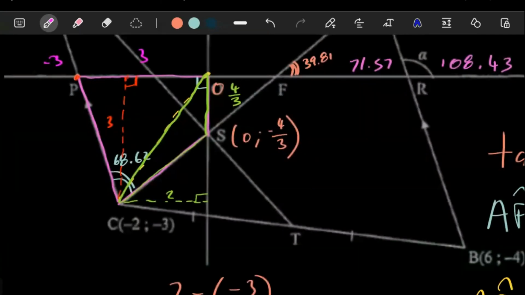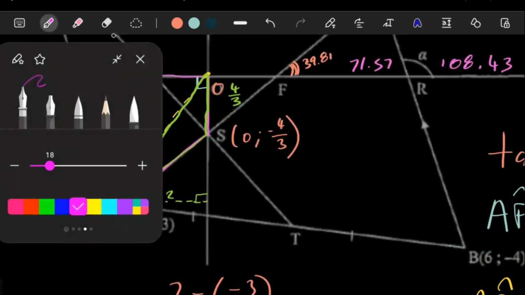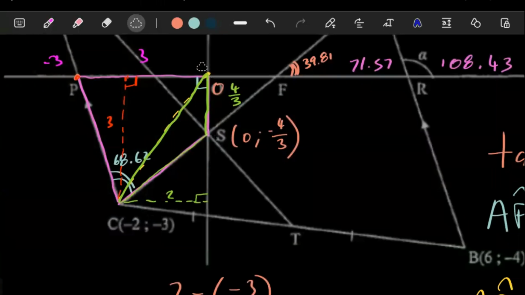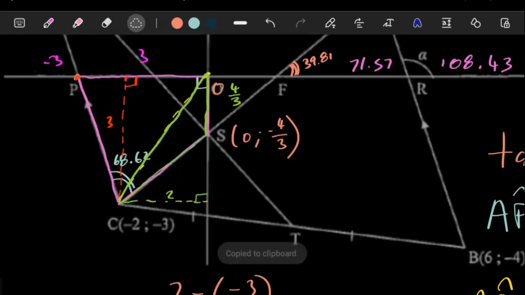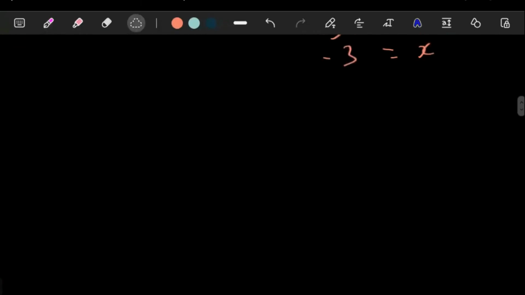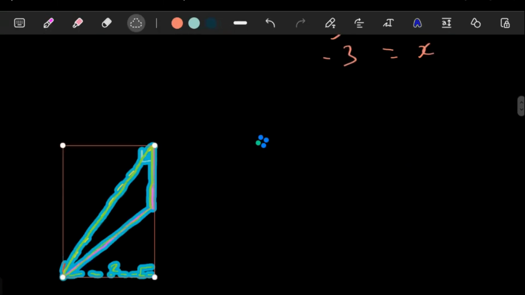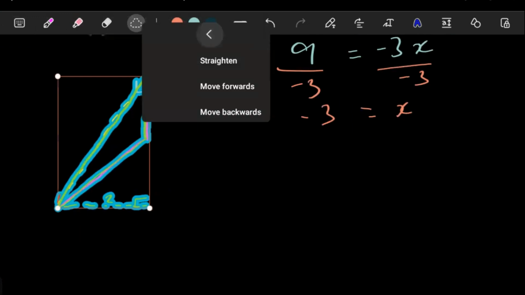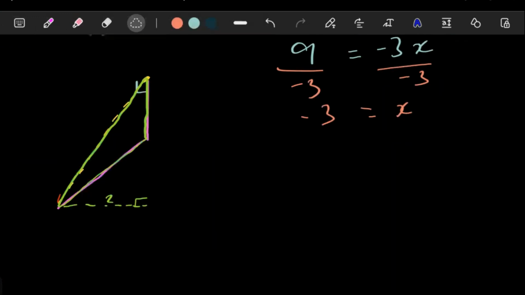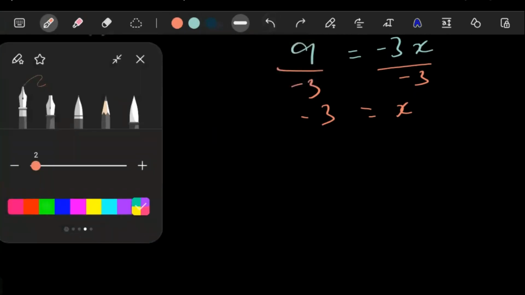So let's take this green shape here and copy it so that we can take it down to where we're going to be doing our calculations. The area of this triangle in particular is going to be half base times height. If you want to rotate it, you can, but it's okay the way it is right now. Let's use the green so that we have some kind of a theme.